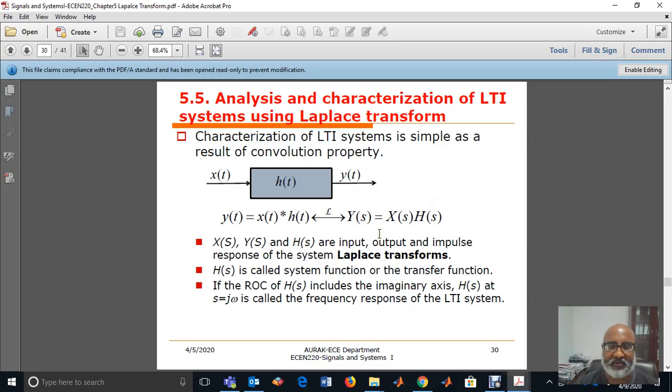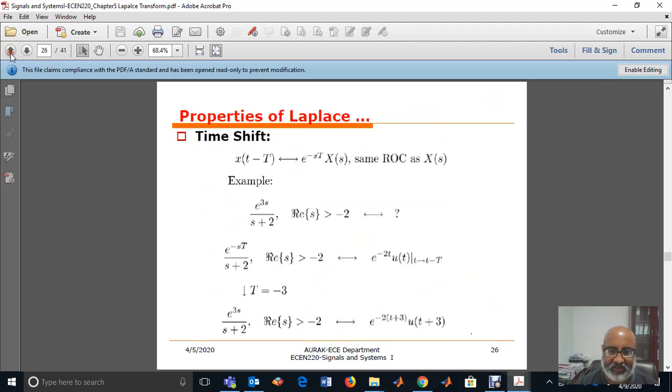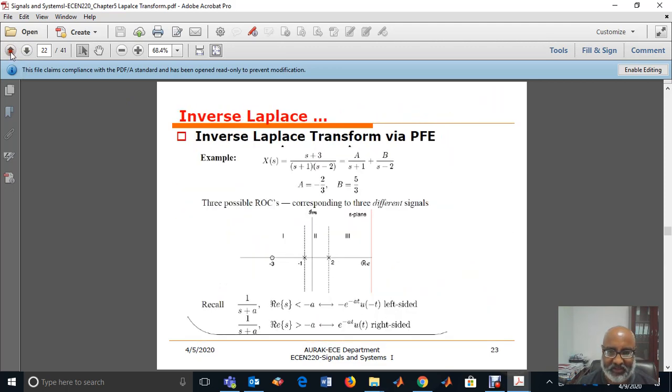Good morning, students. In the previous lecture, we studied Laplace transform and region of convergence. Especially we studied how region of convergence determines the existence of Laplace transform, the two types of signals, the right-sided and the left-sided signals.